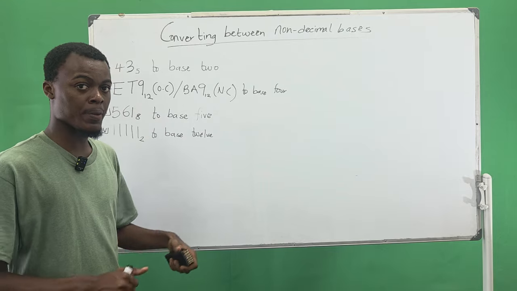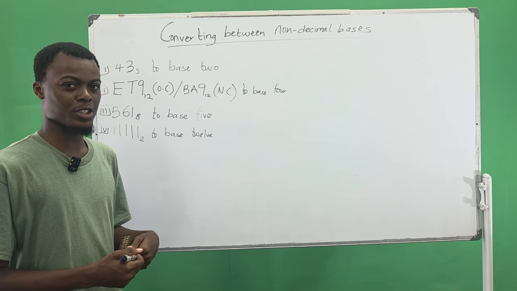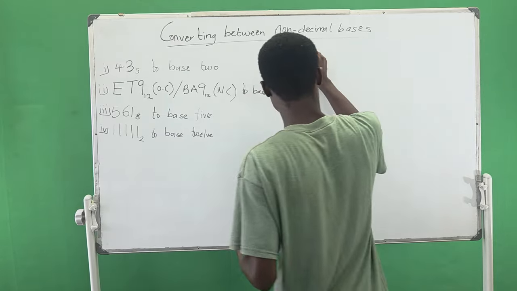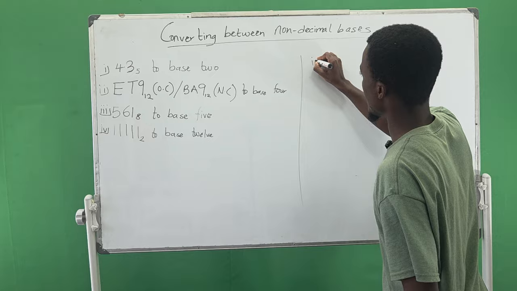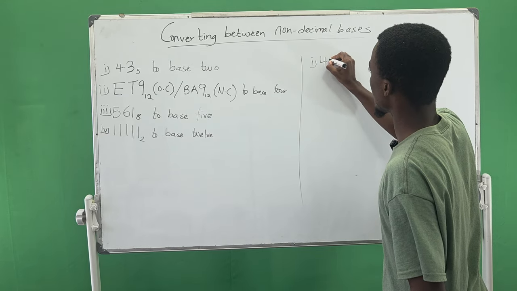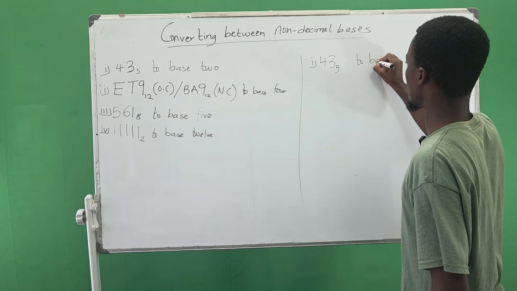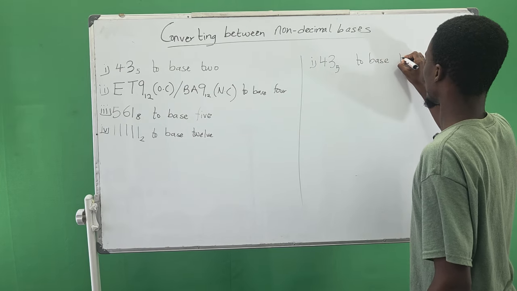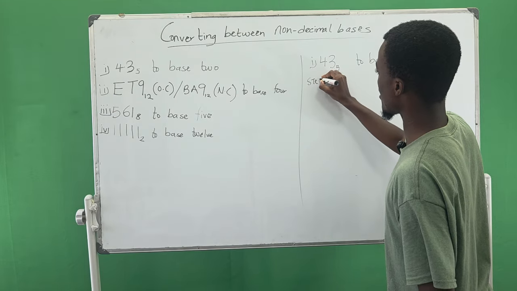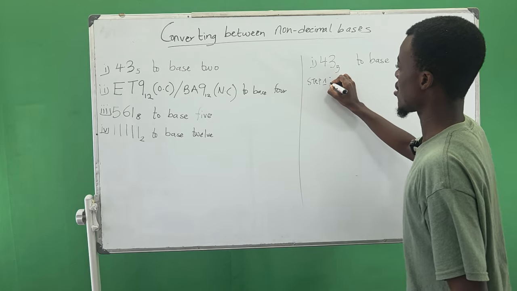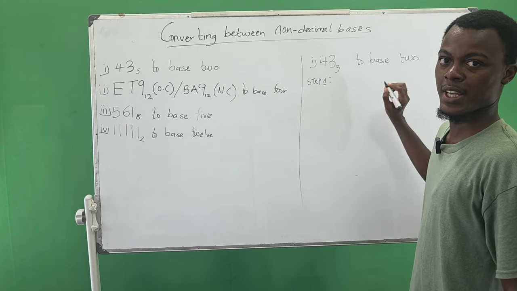So let's do an example together to get more clarification. For part I, they say convert 43 base 5 to base 2. So step one is for us to convert to base 10 first.